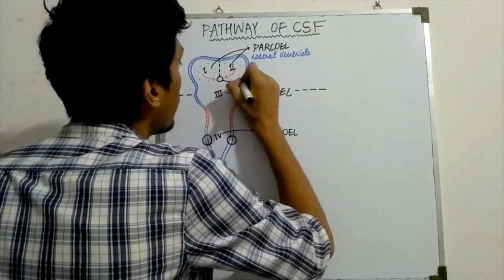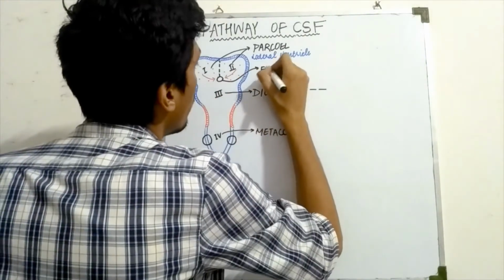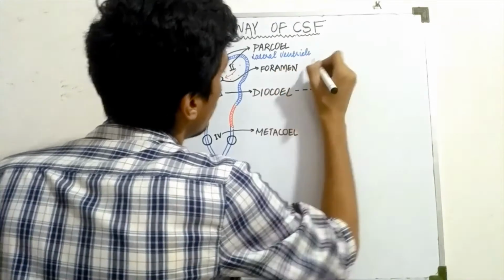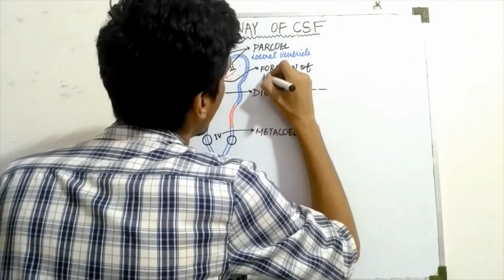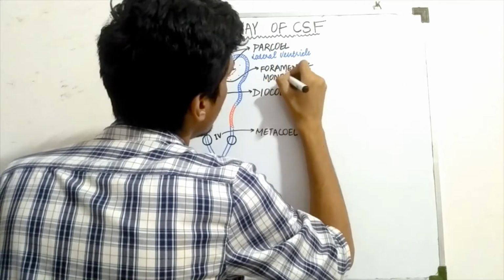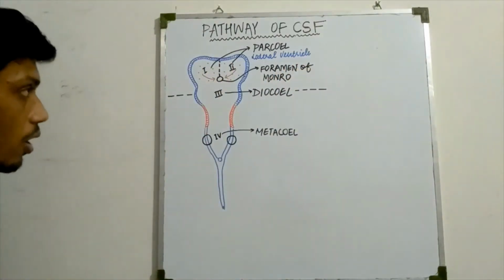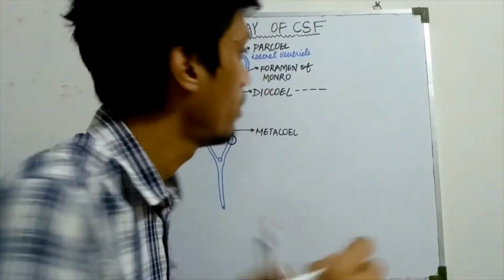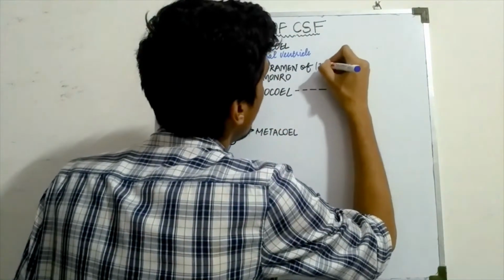So this hole present over here is known as foramen of Monro, or it is also called the interventricular foramen.